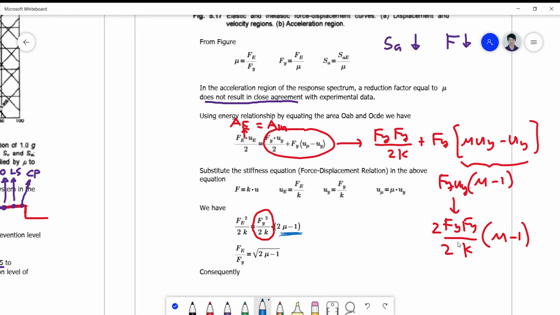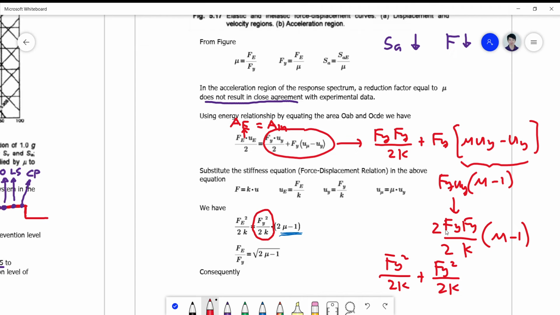Okay. So since this is now 2, and we factor out Fy squared, so this 2 will be multiplied to a mu there and a minus y here, but the LCD is still okay. So Fy squared over 2k plus Fy squared over 2k also.